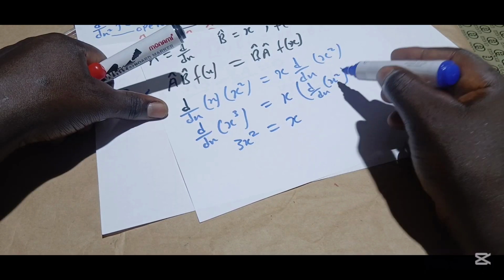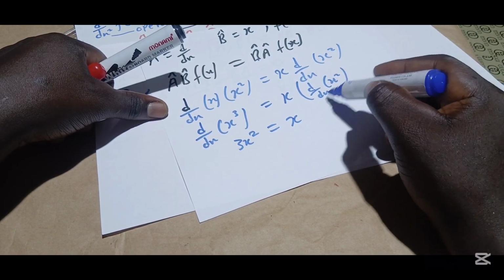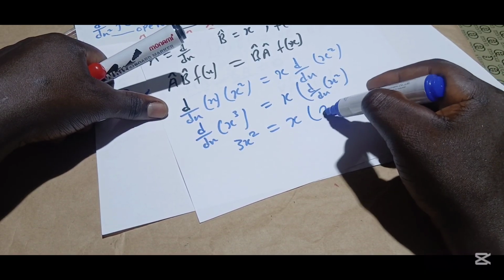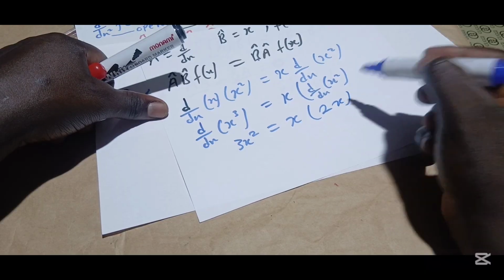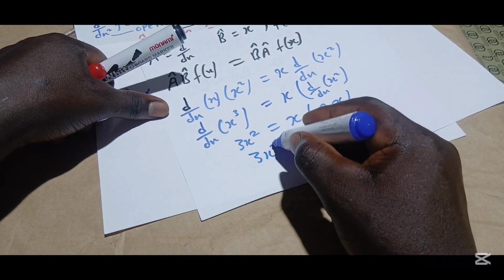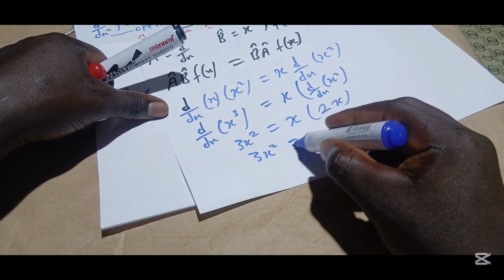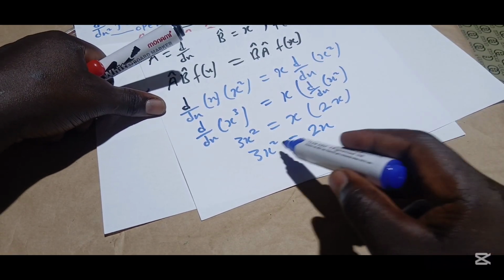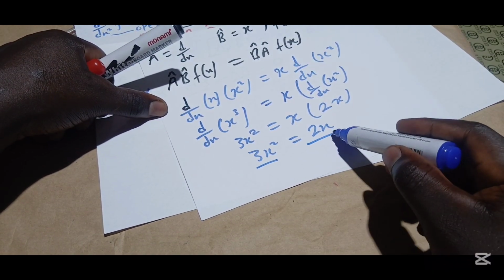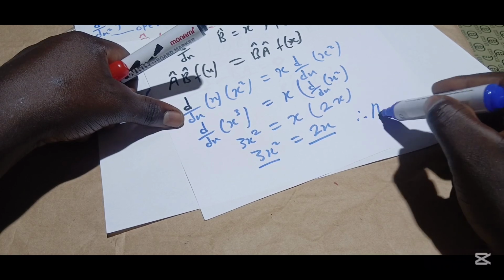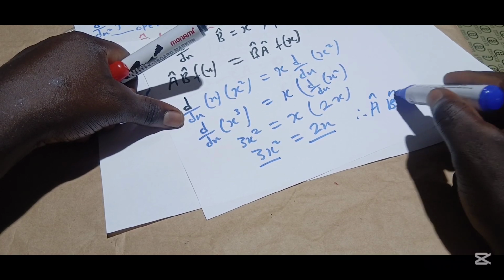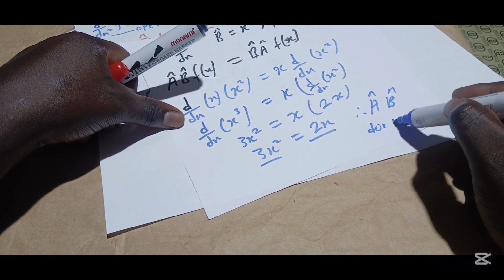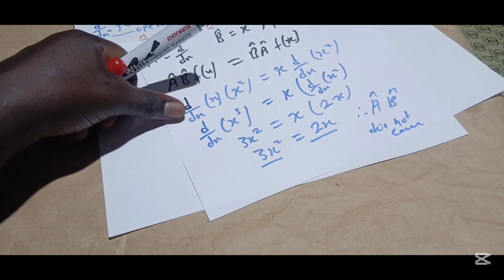And here we have x, derivative of x squared, we have 2 multiplied by x to the power 1. So at the end of the day, we are going to get 3x squared equal 2x. The result here is not the same as this. Therefore, our operators A and B do not commute.